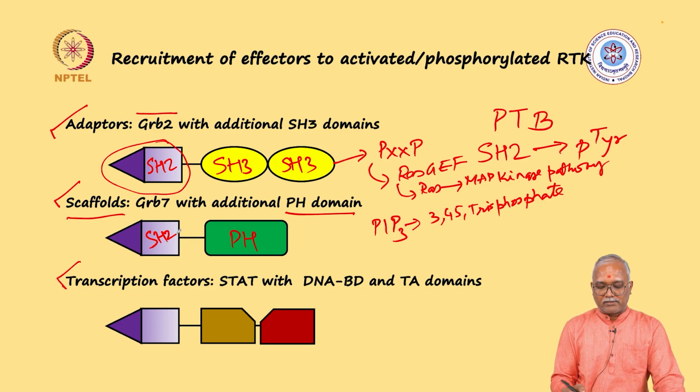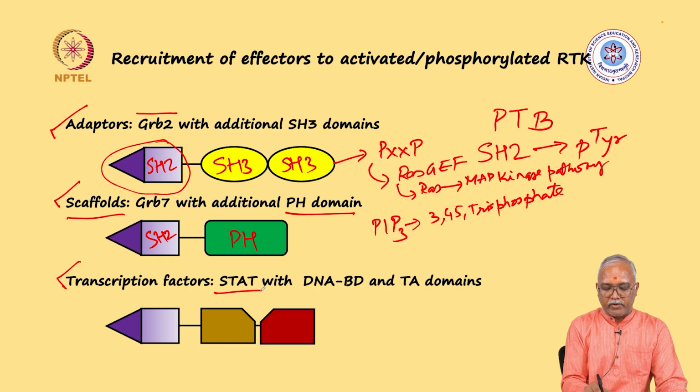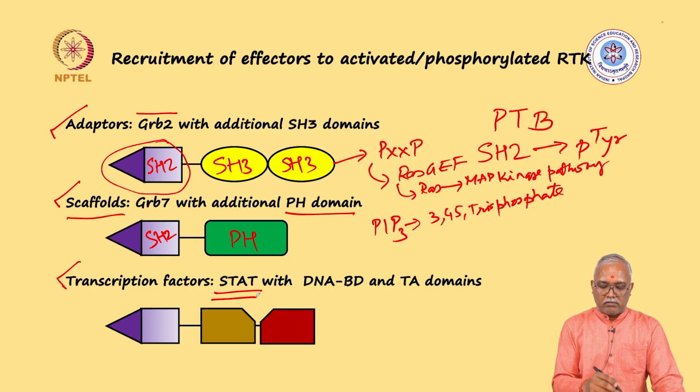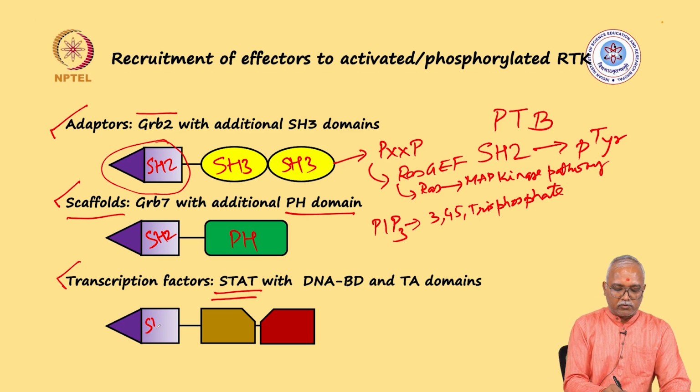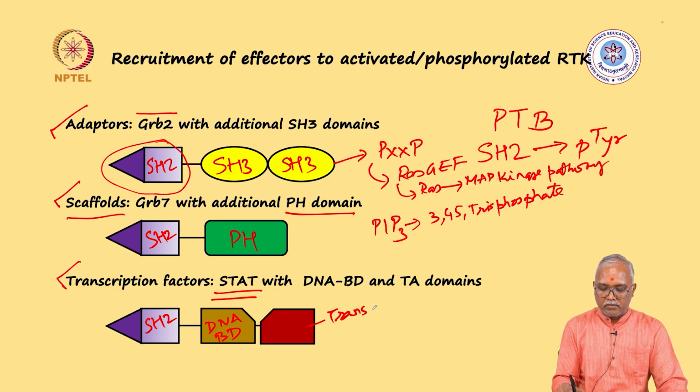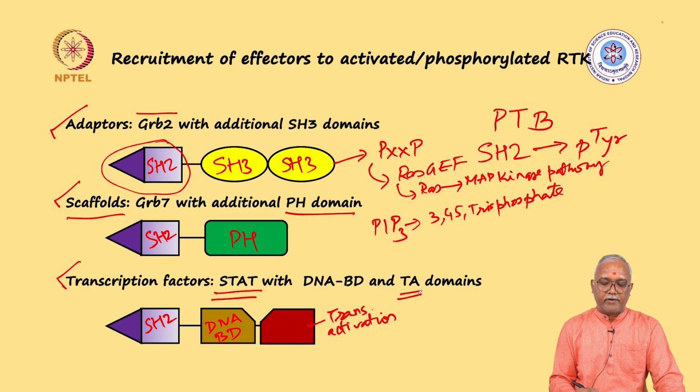Then you will have a transcription factor like molecule, and this is where we discuss the STAT like molecule which is the component of the JAK-STAT pathway. So in addition to having the SH2 domain, you have a DNA binding domain and a transactivation domain, which is written here as TA domain.